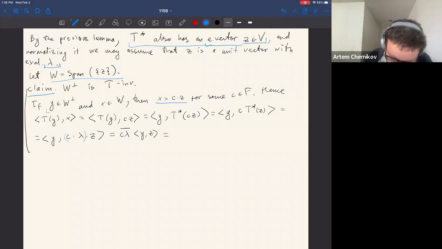Y is an element of the orthogonal complement of W, and Z is an element of W. So Z belongs to W, and Y belongs to the orthogonal complement. This means that the inner product is 0, they are orthogonal. So we get C lambda conjugate times 0, and this is of course just 0 as well.